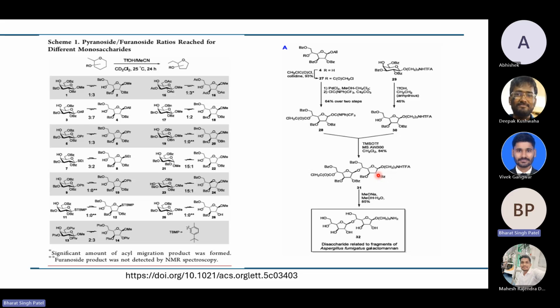So here they chose only one kind of sugar, keeping just two things: C2-acyl, and the C4 should be a free OH. That's all.